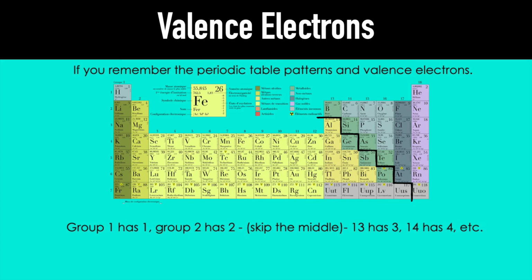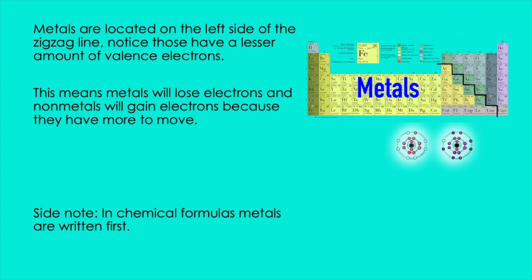If you remember the periodic table patterns and valence electrons, group 1 is 1, 2 is 2, skip the middle, and then 13 is 3, 14 is 4, etc. And so don't forget that. We're not going to worry about group 18 because those don't really like to bond. Metals are located on the left side of the zigzag line.